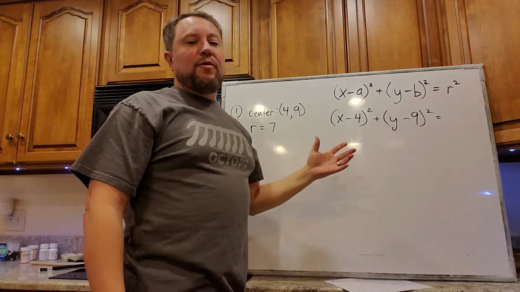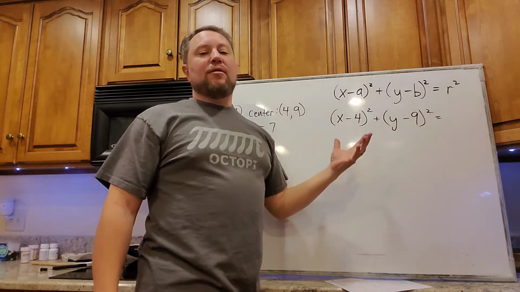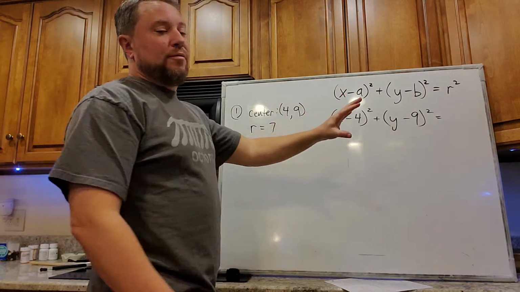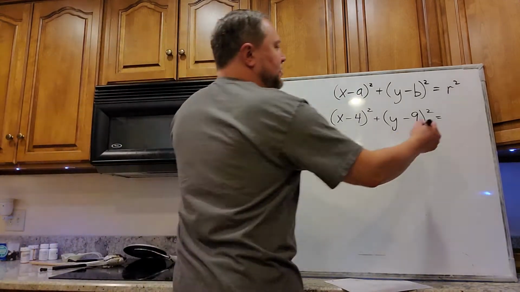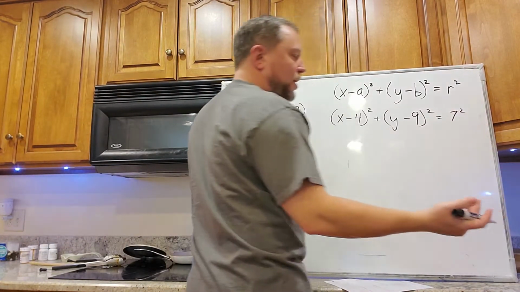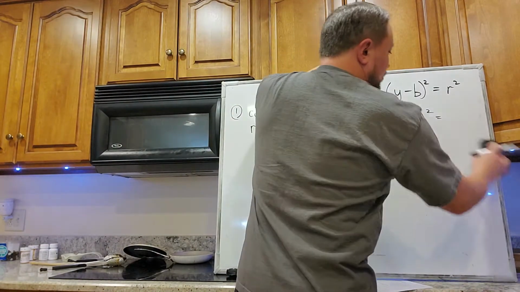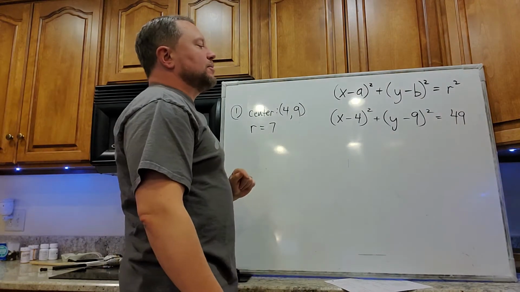Remember, in my first part of the video, I said that this is really just a Pythagorean theorem that we're doing here. Before I continue that thought, let me finish this. 7 is our radius, so here you'd have 7 squared, or that's just, of course, 49. So there's our final answer.